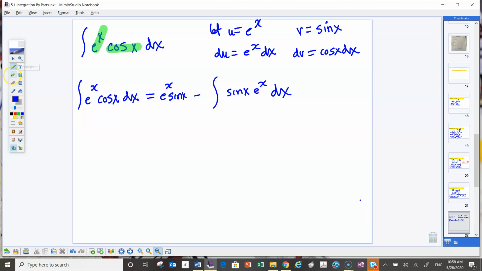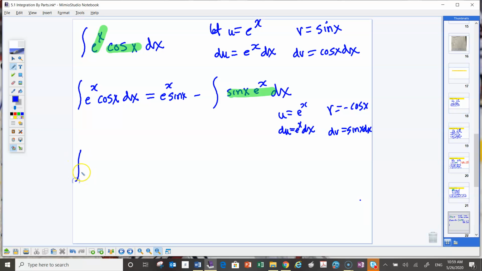Again, I'm going to use integration by parts for this part. Using our LIATE rule, u is going to be e to the x, and dv is sine x dx. The integral of sine is negative cos, and the derivative of e to the x is e to the x dx.